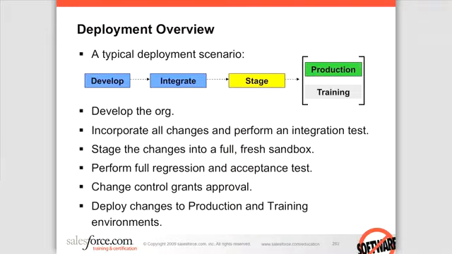So if the blue and the yellow ones were sandboxes, and the green one was the actual production org that we were going to deploy to, and then possibly the training, which probably would be another sandbox. Within this organization, the developers might each have a sandbox for them to write code and perform their own tests and create their own unit tests.